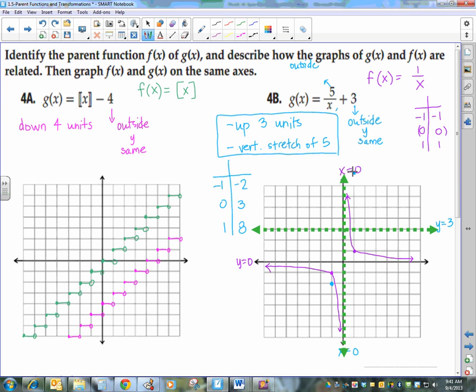But the nice thing about this is that's your symmetry to your graph. So if I go over 1, 2, 3, 4, 5, up 1, that's your other point that allows you to draw it.